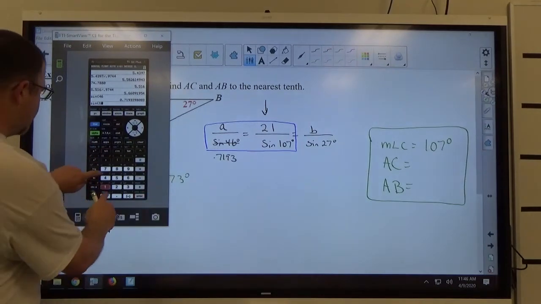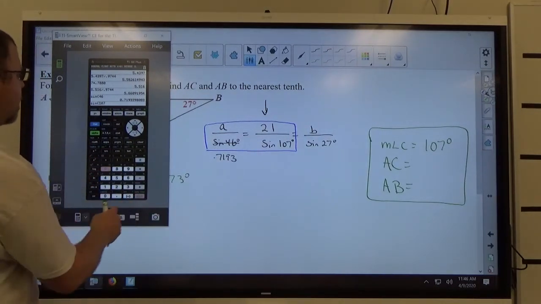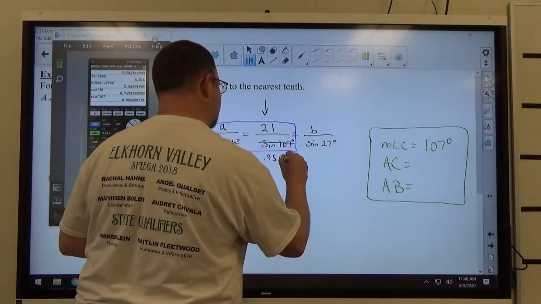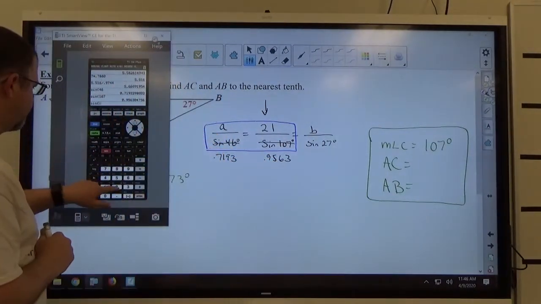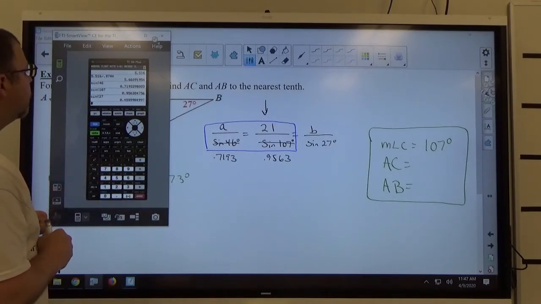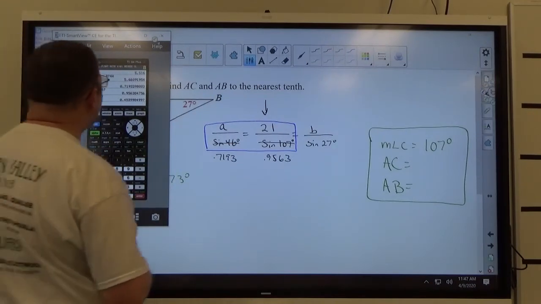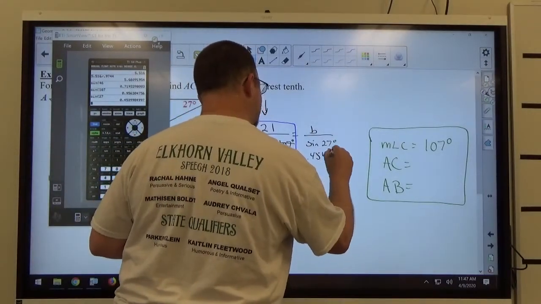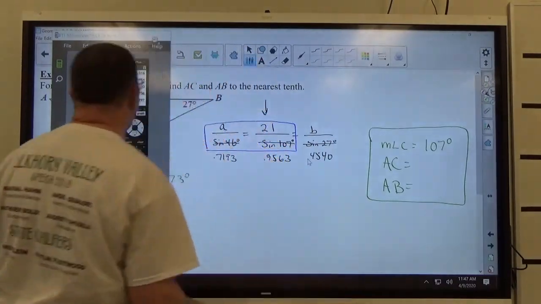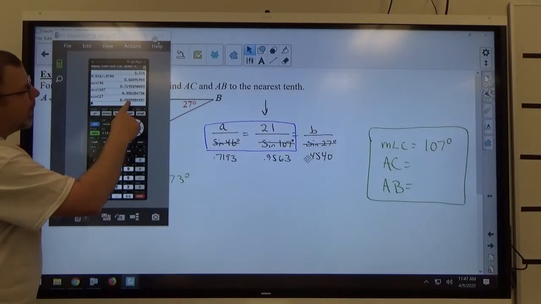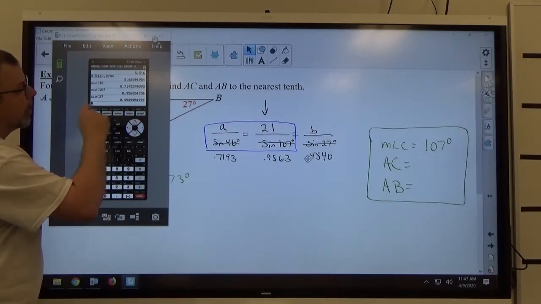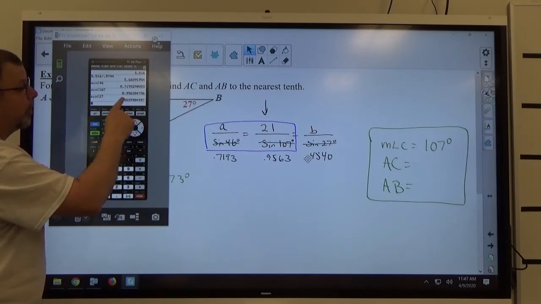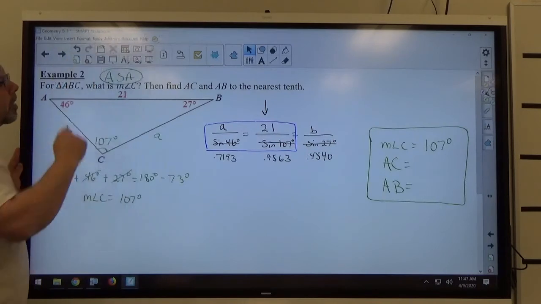Sine of 107 is 0.9563, and sine of 27 is 0.45399, so 0.4540. Remember, in rounding rules, if you have to round a 9 up, it just makes that 9 go to 0, and the next number goes up 1. So in 0.45399, the 9 goes up to 0, and then that 3 goes up to a 4.